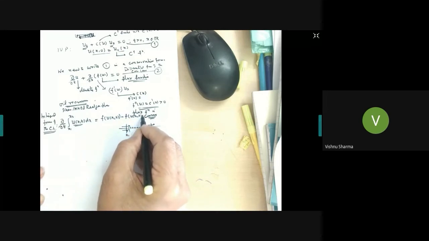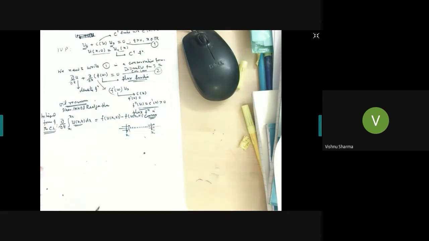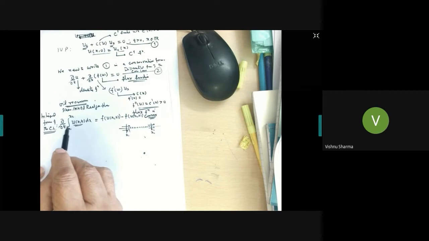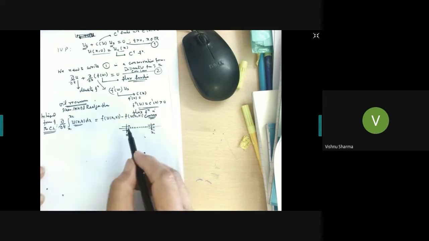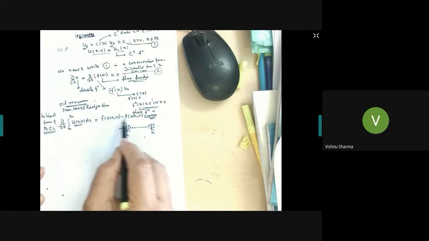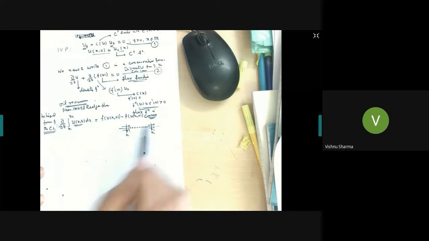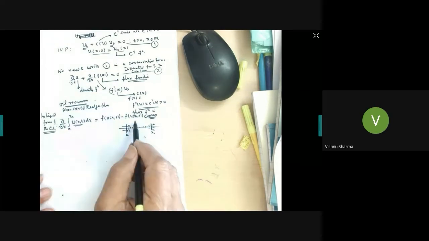This says that the rate of change of mass contained in this interval is balanced by the net flux across the boundary of this interval. So in a one-dimensional situation, this is the conservation law.